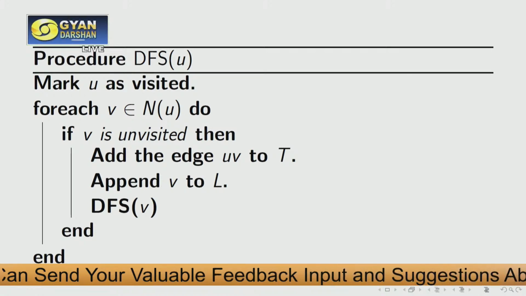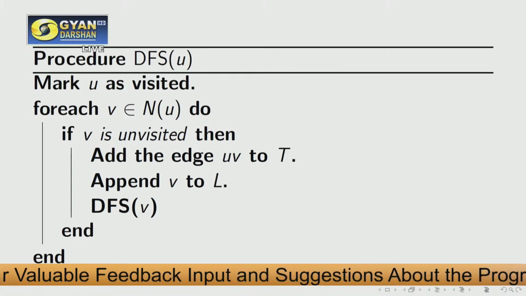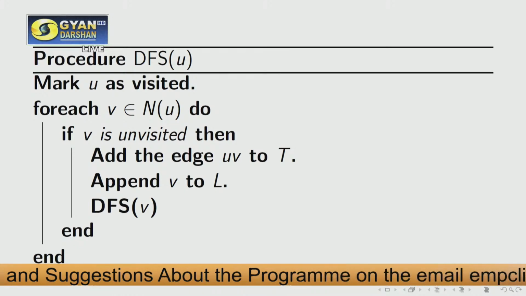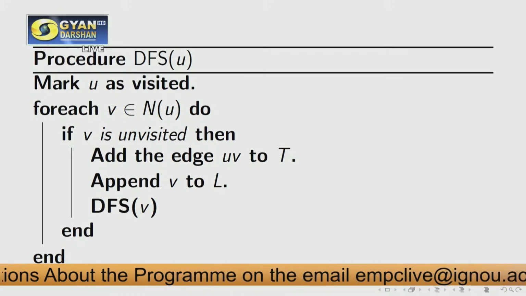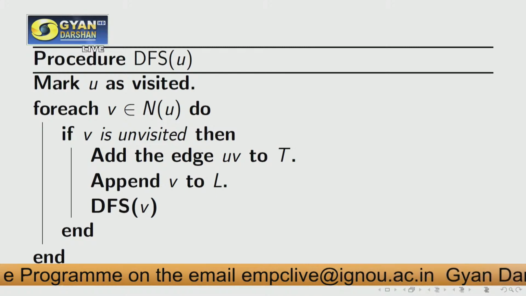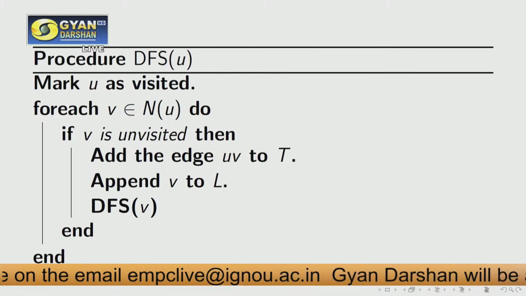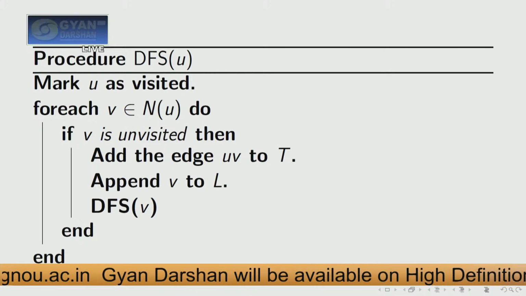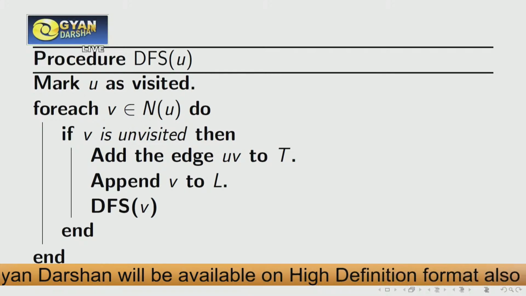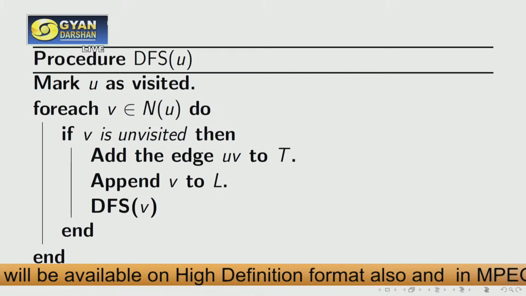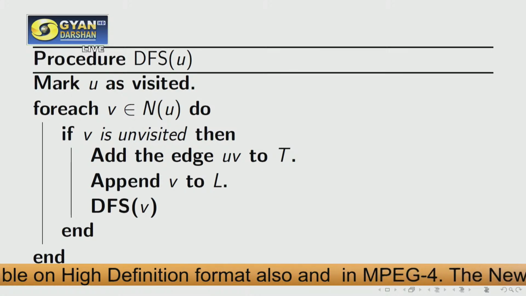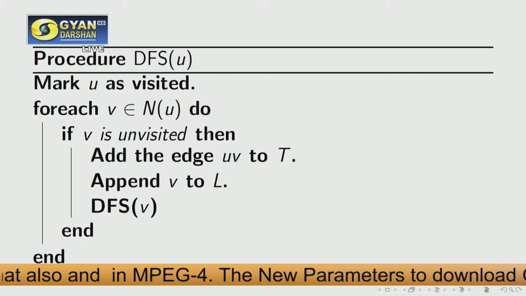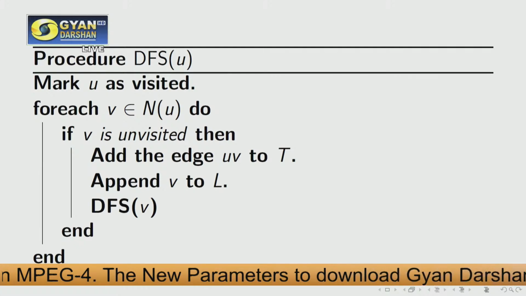If V is visited, we do nothing, but if V is unvisited, then we perform certain actions: add the edge UV to T, append V to L, and again call the DFS procedure from the vertex V. So you can see that the procedure calls itself recursively. The same process starts from V now, the current vertex becomes V, and this procedure continues.